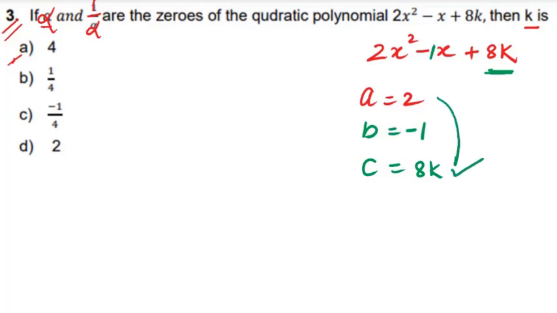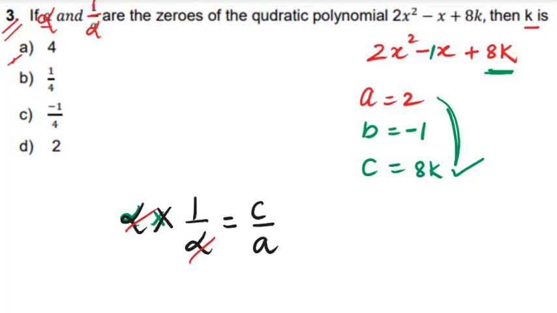We know that the product of roots is equal to c by a. Alpha into 1 by alpha, this will be cancelled and this will be equal to 1, and c by a. C is 8k, a is 2.